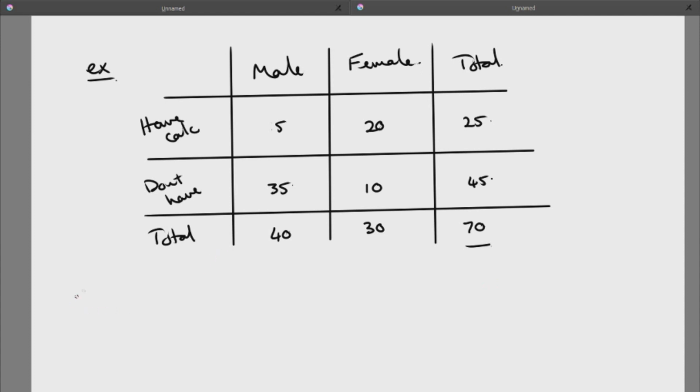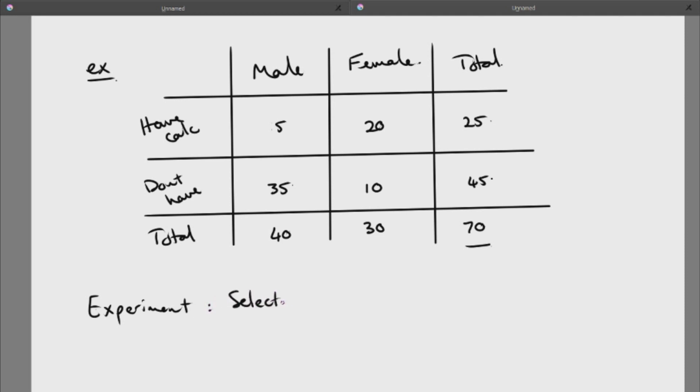So now we can ask questions like the probability of having a calculator. So let me just, I need to backtrack, sorry. I'm getting ahead of myself, so excited. I just need to be aware of what the experiment is that I'm doing and what an outcome is, things that I'm counting.